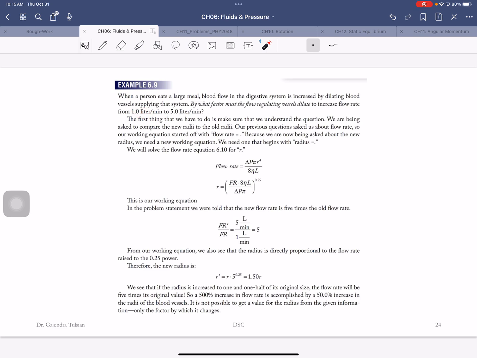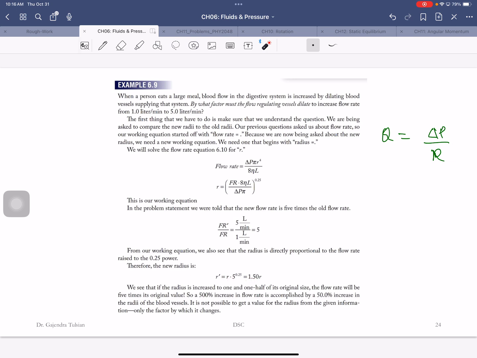You've increased flow rate by a factor of 5. So you have increased Q by a factor of 5, and that's by decreasing R by a factor of 5. So you increase flow rate by decreasing resistance. And it turns out you increase flow rate by 5 by dilating the radius only 50%.